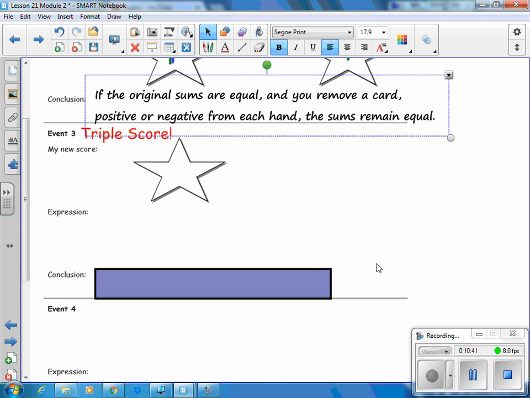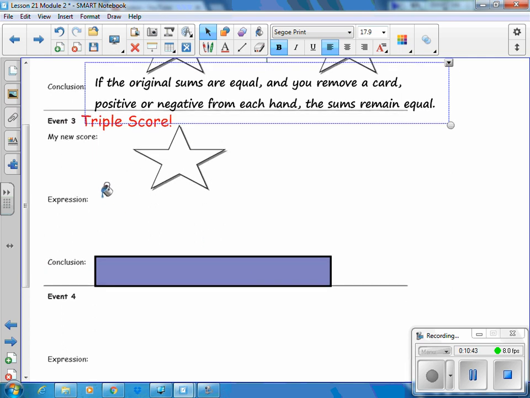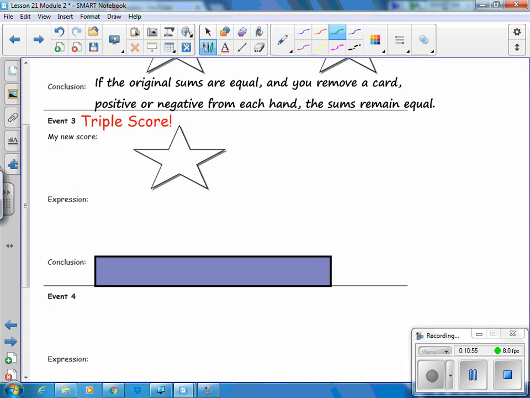Okay, for our next problem, event 3 is called triple score. And for triple score, you get your cards and then you are going to get 3 of each of them. So let's write down what the cards are for yourself and your partner. Your cards are -4, 6, and 2.